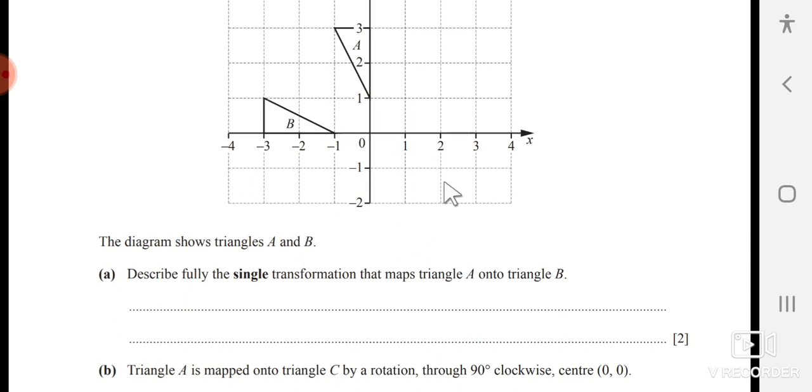So you can write a general 2 by 2 matrix a, b and c, d, and then the corresponding images of each point. The object points' coordinates are equal to the image coordinates, the corresponding image of minus 3, 0 and the corresponding image of this and the corresponding image of this. And then you have to make 2 or 3 equations in terms of the general variables a, b, c, d and find their values and then replace them back in the assumed matrix. This way you can find the answer for this.